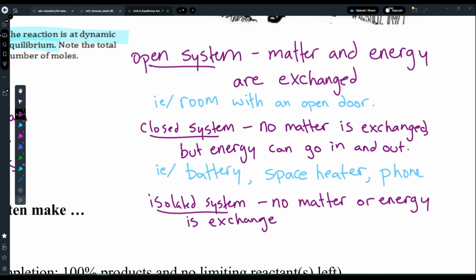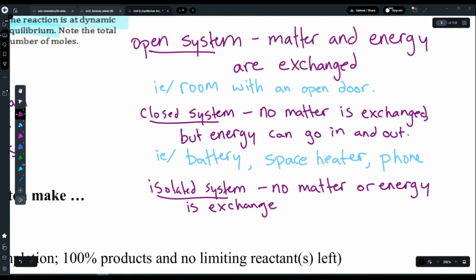It's a little bit hard to come up with examples, but one example could be the universe. No external matter or energy outside of the universe is going in or out.